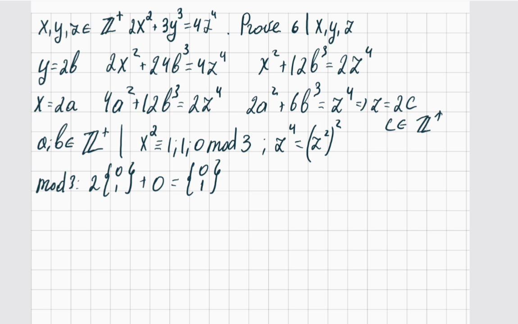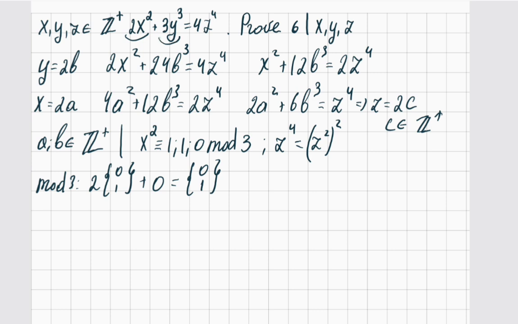However, there's a problem here. On the right hand side we have 4 times z to the power 4, and this expression can be 0 or 1 in mod 3. However, on this side 2x squared can be 0 or 2.